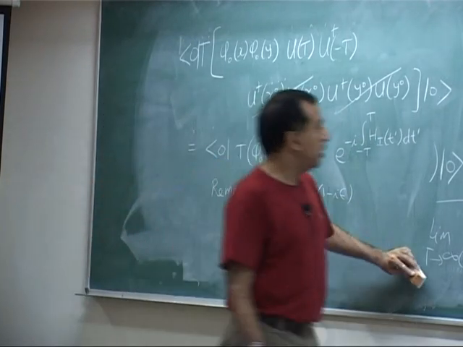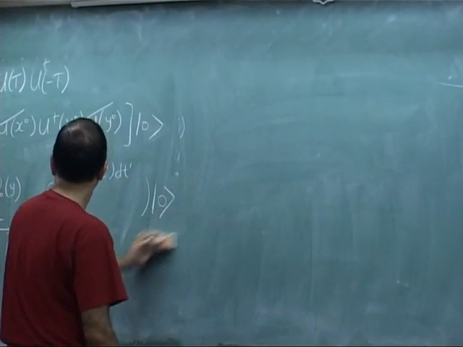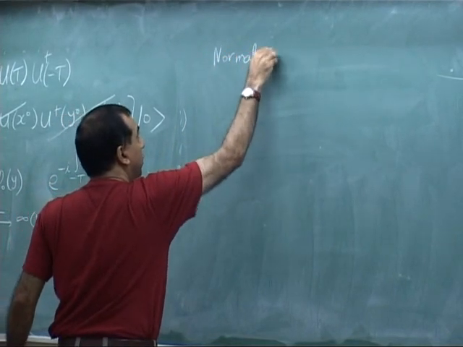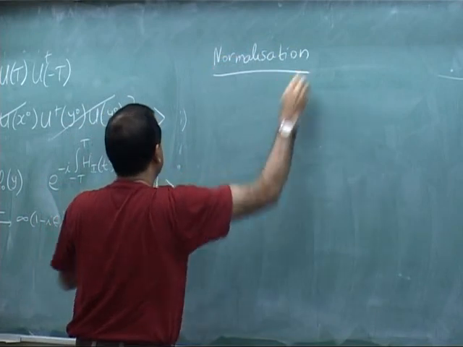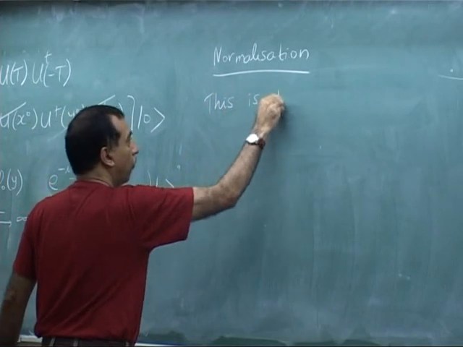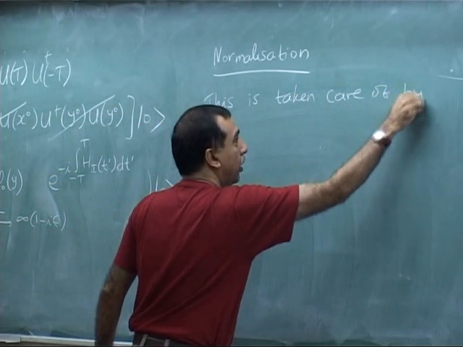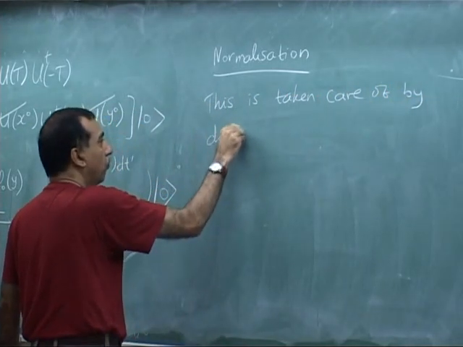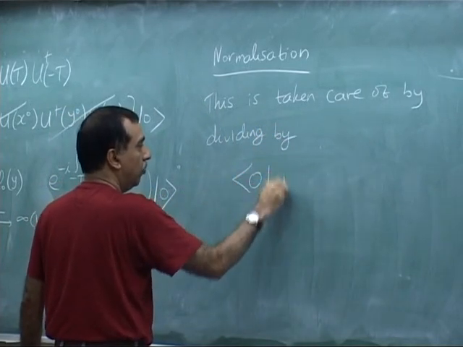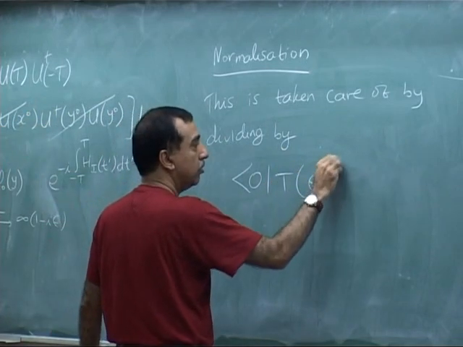Now, the only thing we've not done is to put the normalization, and it's extremely beautiful. And this again I won't do in any detail, but you can convince yourself that normalization is taken care of by dividing by the same expression but without any fields phi at x, phi at y.